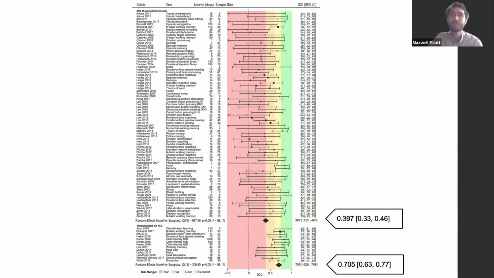And a lot of these test-retest studies came from 10, 15, 20 years ago. So there's a lot of heterogeneity in these estimates. While it represents an average of all test-retest studies, it doesn't necessarily represent the reliability of individual studies or tasks that are commonly used today, or modern fMRI scanners that have improved dramatically in the last 20 years.